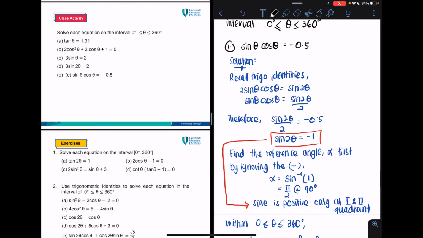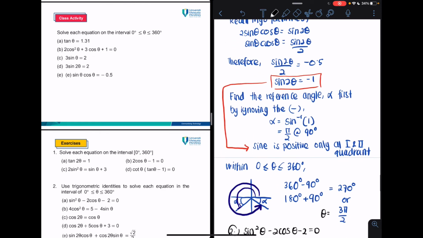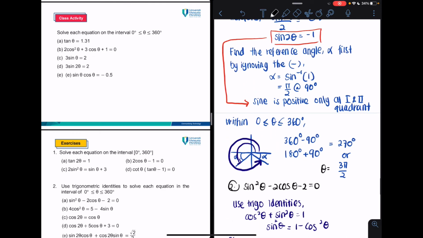Based on the figure that we have discussed earlier, sine theta will be positive in the first and second quadrant only. Therefore, within the interval 0 until 360 degrees, the value of theta can be determined by having this information, such as the sine is negative at the third and fourth quadrant.